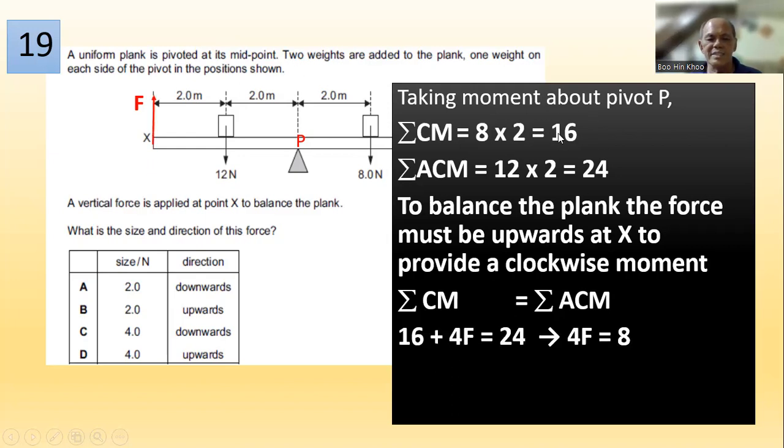So it's 16, then we got F times 2 plus 2 is 4. So 4F equals 24, so F equals 24 minus 16, right? We don't have to change to meter because it's already in meter. So F is just 2 Newton. Answer is B.